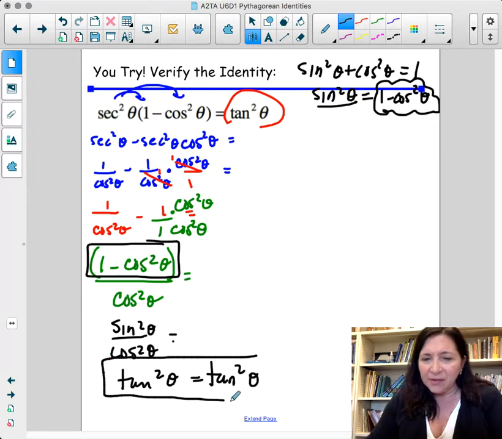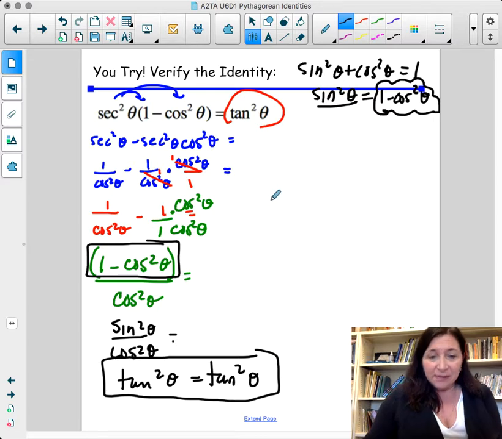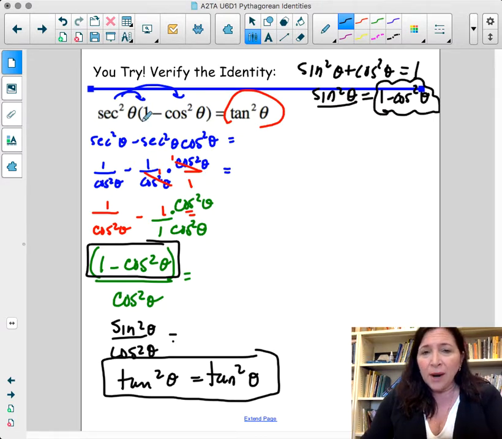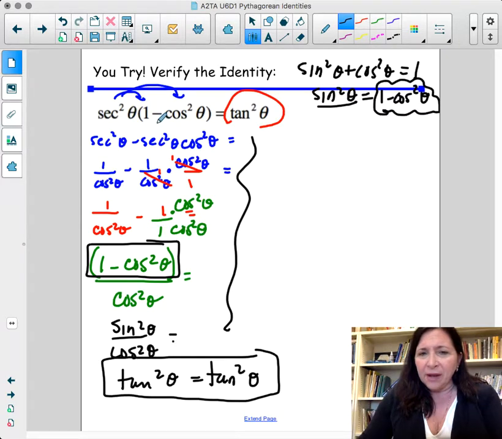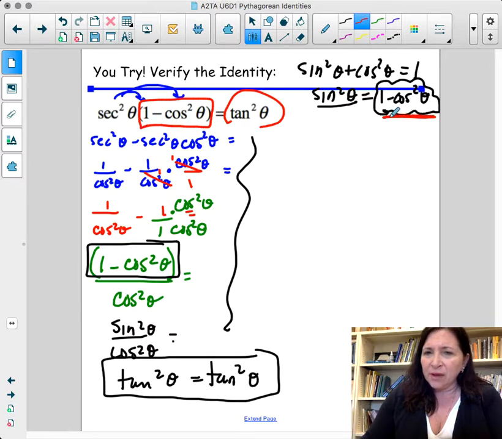Now this is the long way to do this. What I could have done, right in the very, very beginning, is this right here, that's one of my Pythagorean identities. See that right here, 1 minus cosine squared of theta equals sine squared of theta.